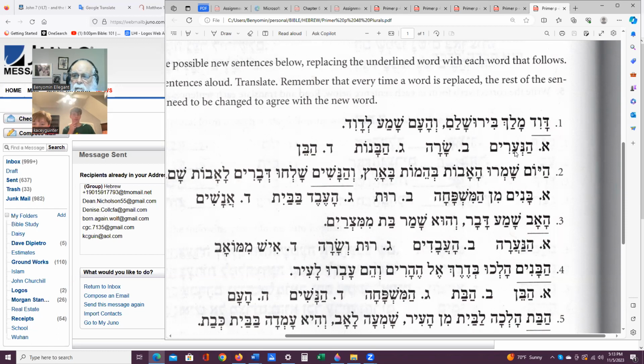Now, this word they ask you to replace with David, or David with this word. So it's ha-ne'arim, the young men. If I were to take that sentence, I would say, the young men ruled in Jerusalem, and the people listened to David. This is an easy sentence, so it's a good thing I'm giving you this example.